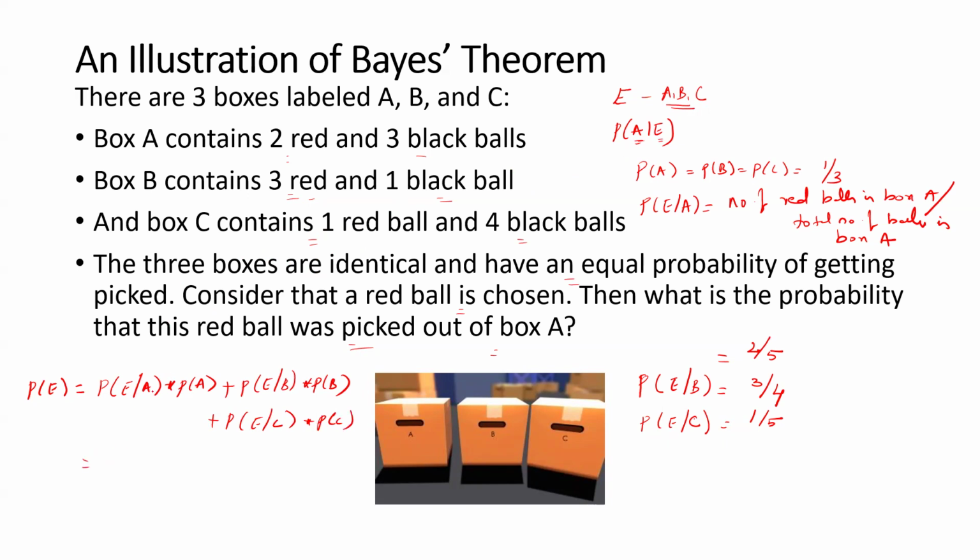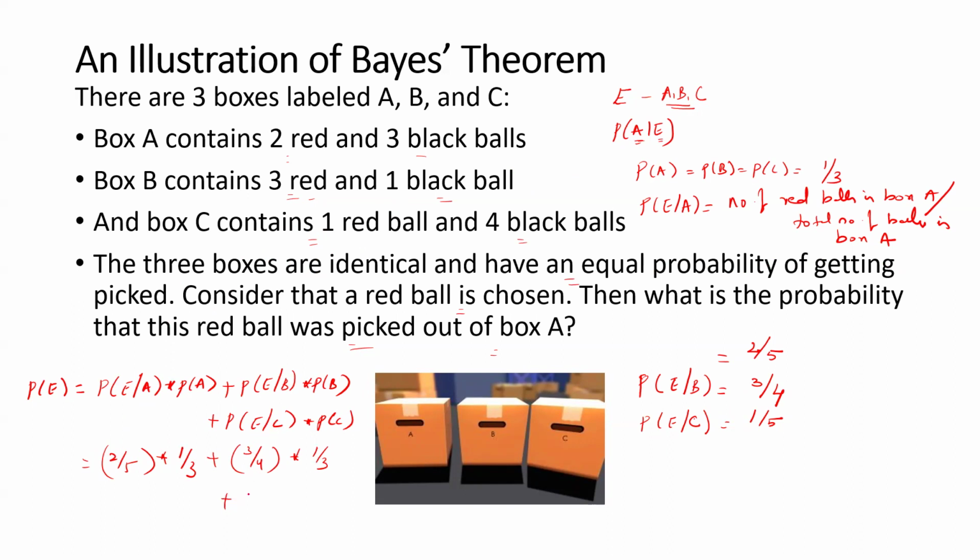So what is the probability of E given A? We already know that it is 2 by 5, into the probability of A, which we found is 1 by 3. Then probability of E given B is 3 by 4, into probability of B, same 1 by 3.